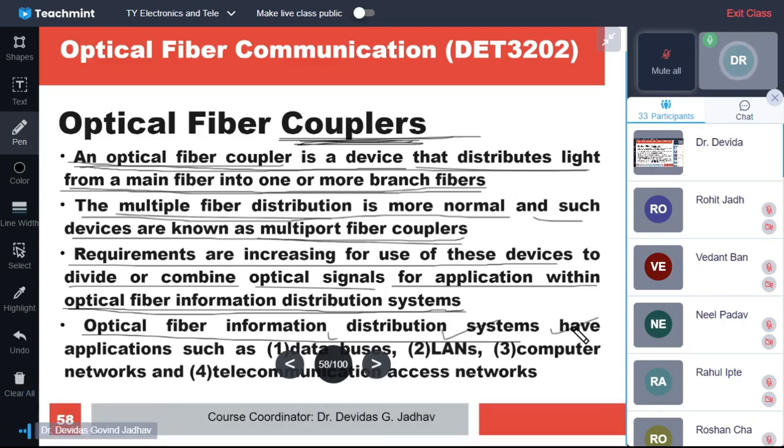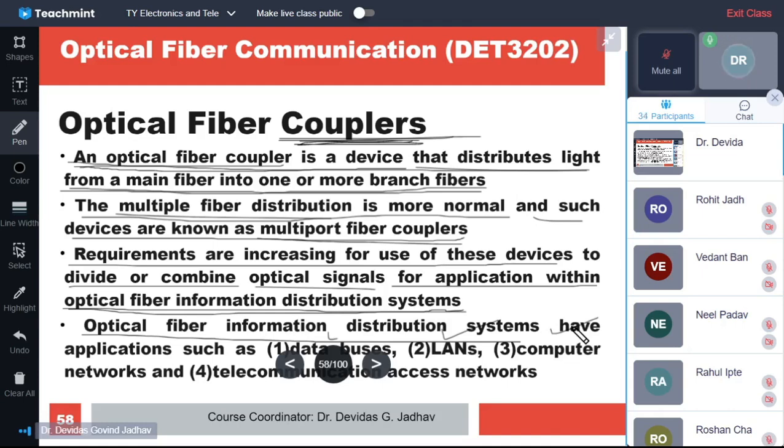From Maharashtra to Goa, from Delhi to Mumbai, Mumbai to Kolkata, Kolkata to Chennai, Chennai to Bangalore, Bangalore to Mumbai, Mumbai to Pune, etc. So these are the trunk networks, data buses.